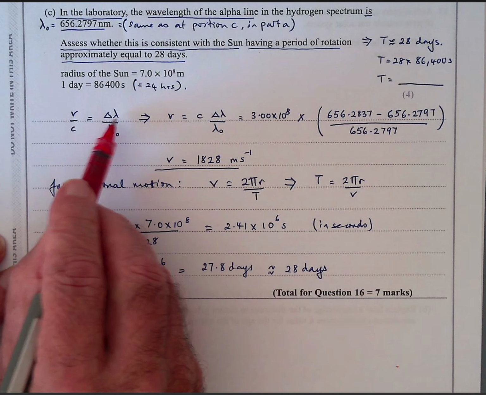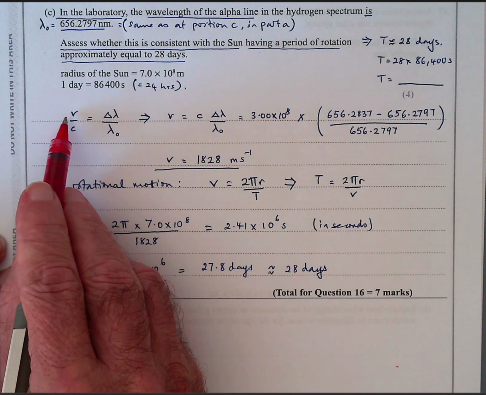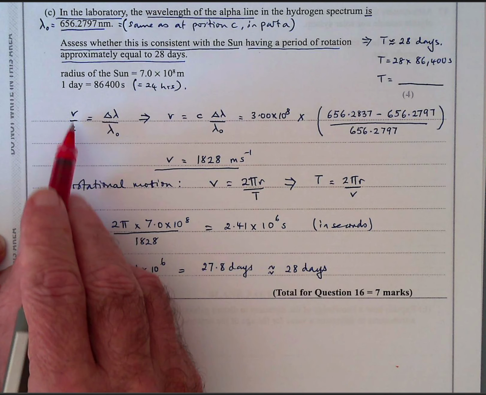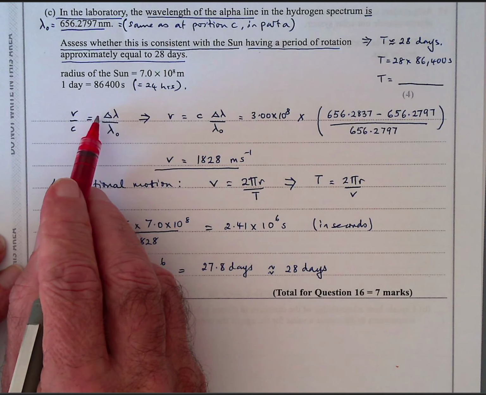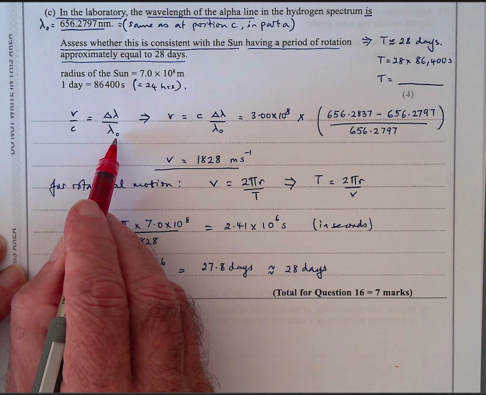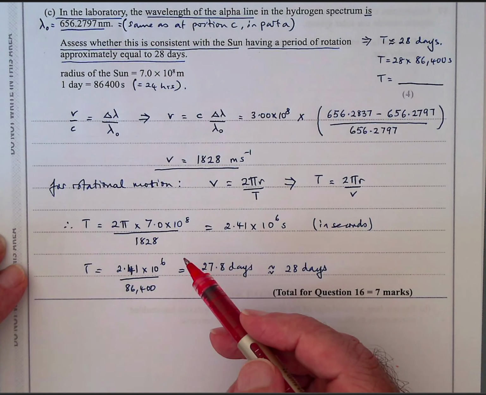creates the shift in the wavelength, and the ratio of the velocity of the relative motion compared to the speed of light is the same as the change in the wavelength divided by the original wavelength, which is the value here, the same as the part which is not in relative motion.